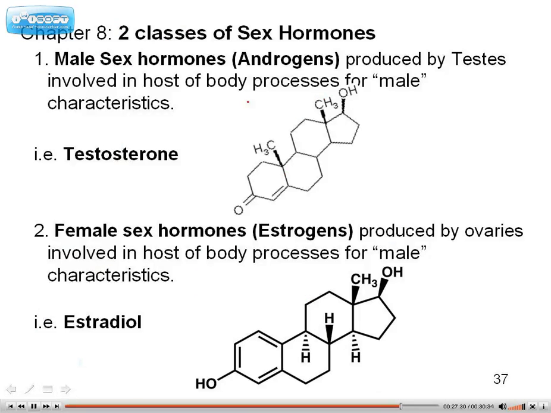Sex hormones. These are my two favorite ones. There's a ton more, but these are the ones to make your life a little bit easier. This is testosterone. Notice it has a ketone in it, so that's the trick on this. These were found in the testes, so that's where they came up with the name testosterone. Female sex hormones.